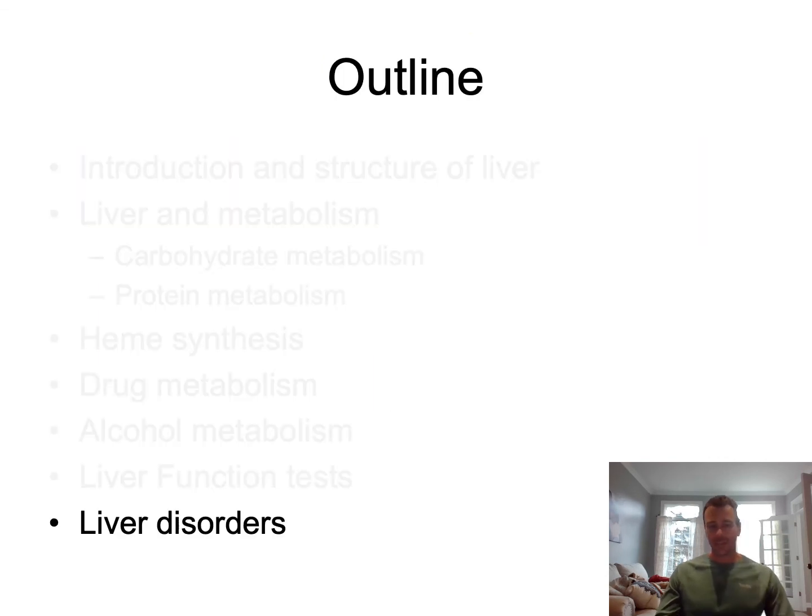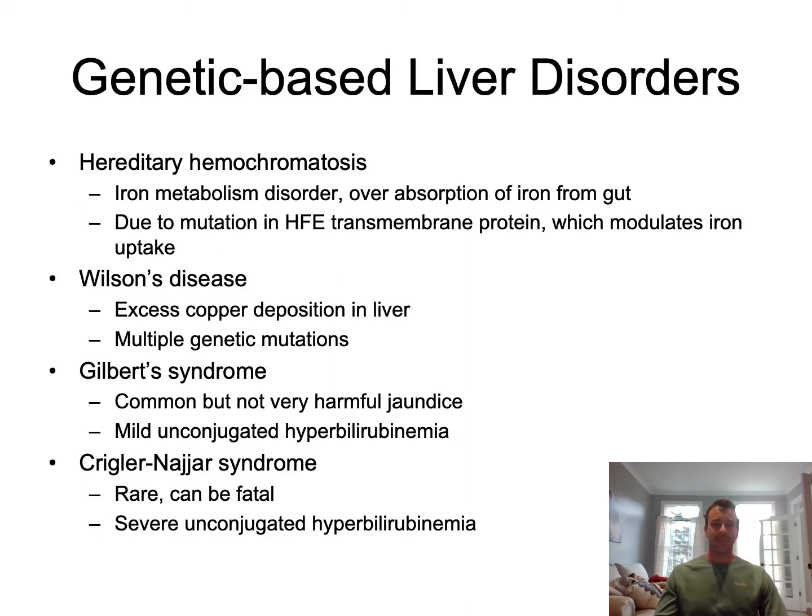I'm going to end here with a couple talking about some liver disorders. I alluded to a few of the genetic-based liver disorders. There are hereditary hemochromatosis disorders. These are iron metabolism disorders and overabsorption of iron from the gut.